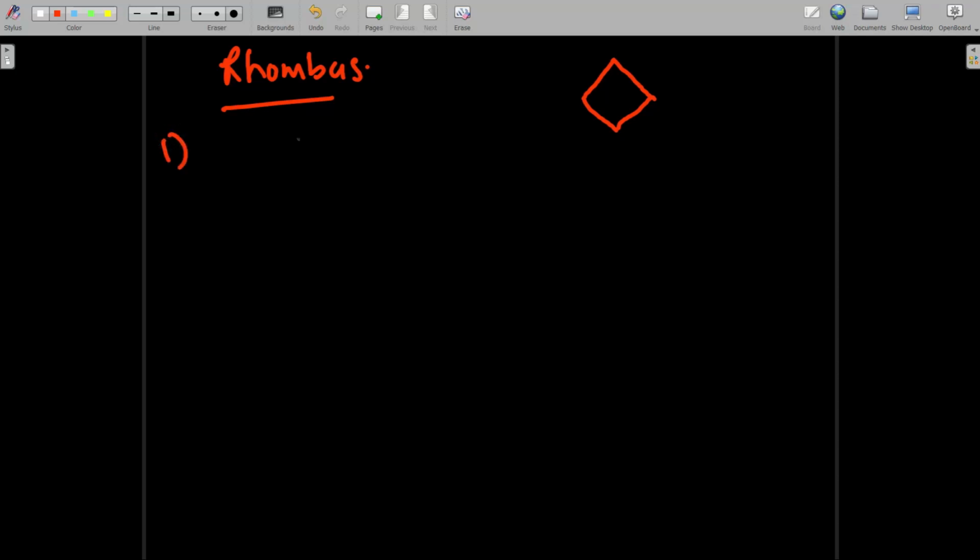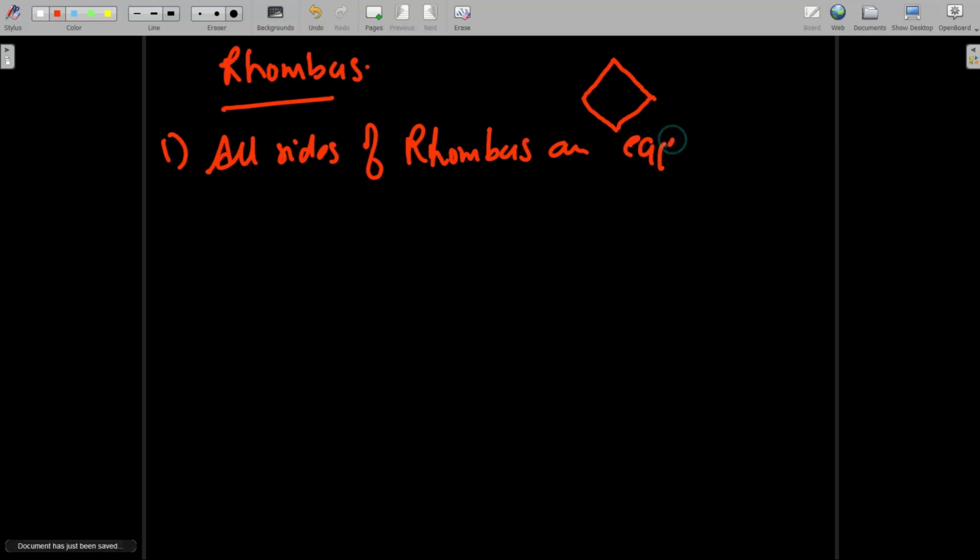All sides of a rhombus are equal. Sorry, let me just write it out. Second is what? Opposite sides are parallel.